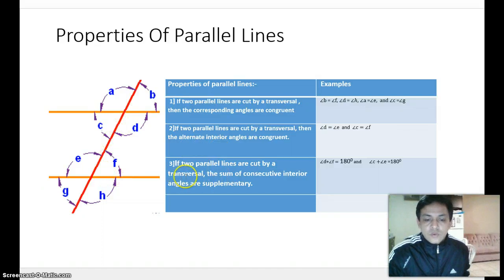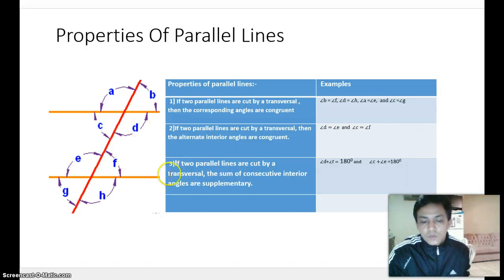Let's talk about the third property. If two parallel lines are cut by a transversal, then the consecutive interior angles, D and F, C and E, their sum should be 180 degrees, or supplementary.